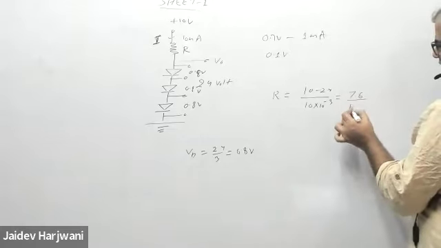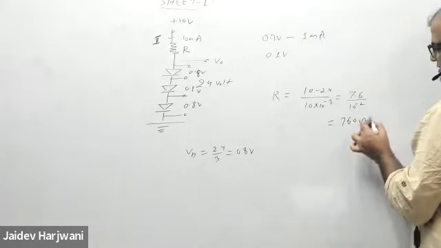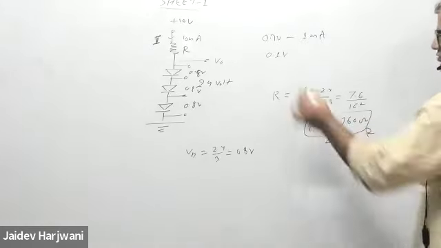And this is 10 power minus 2, so we multiply, this will become 760 ohm. So this is the value of R for this circuit.